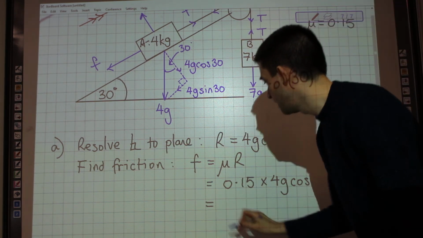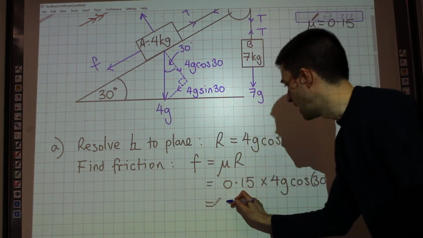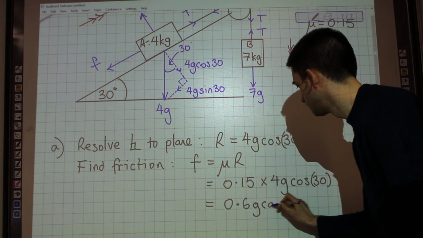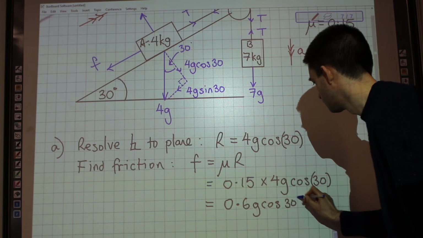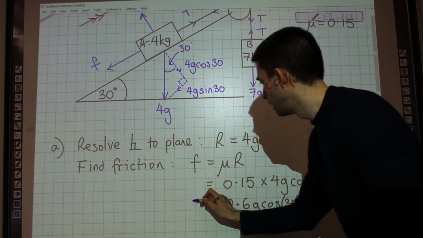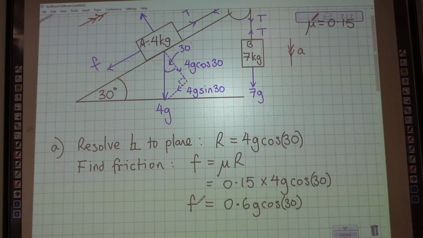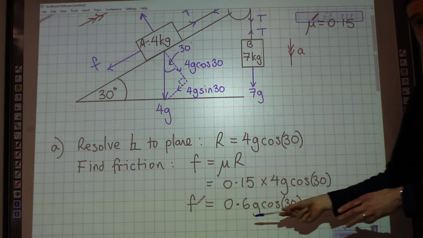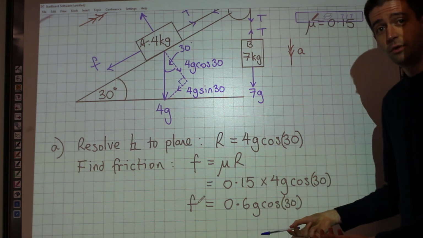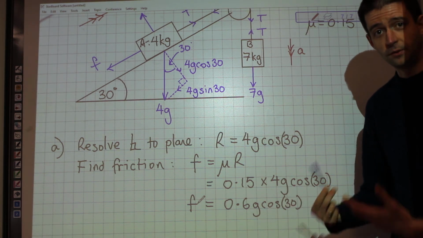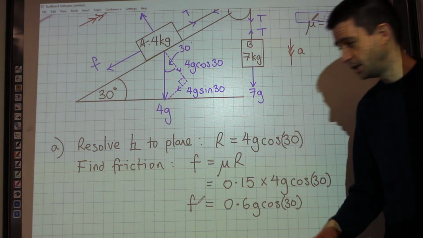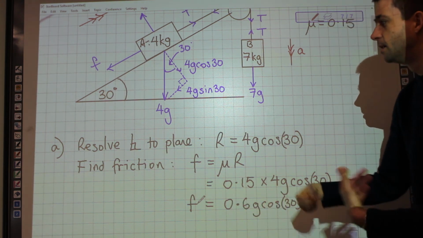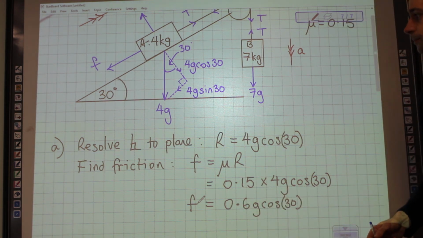So I'm going to leave it in terms of g and cos 30 at the moment. That is our value of friction. I could get an exact value for that. Cos 30 is √3/2, which obviously you all knew because you've learned your exact trig values like we're always telling you to. But at the moment, that's more use to me for what I'm now going to do with it.